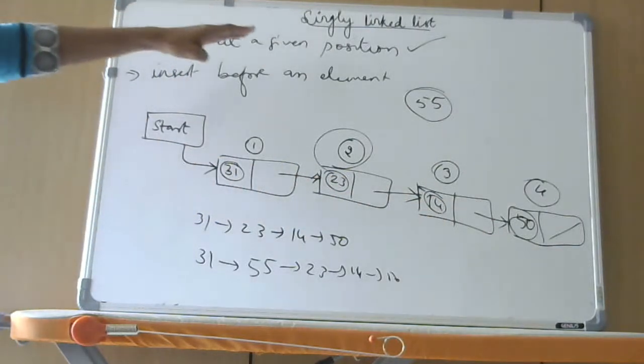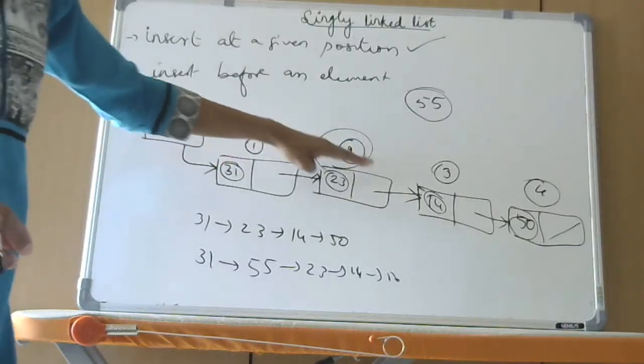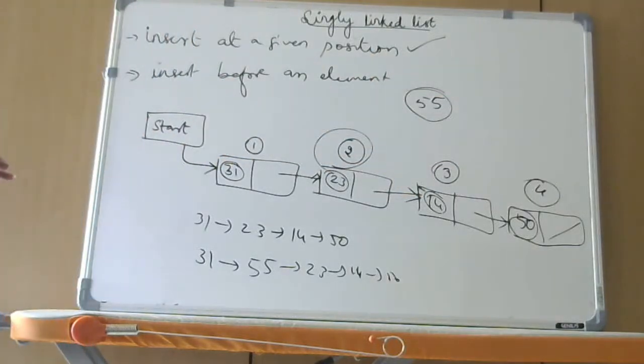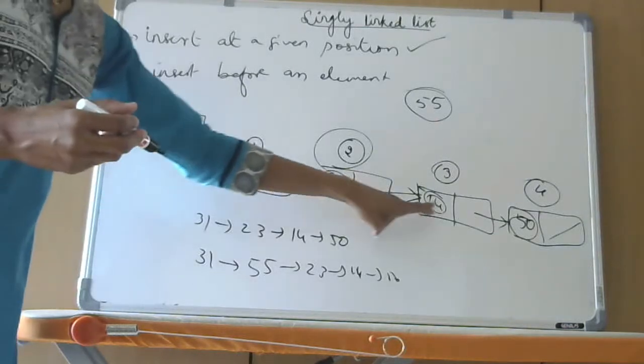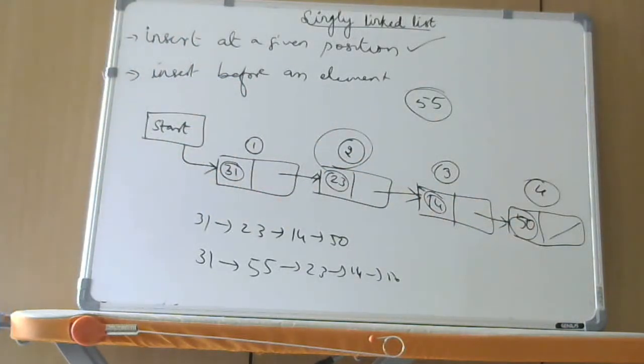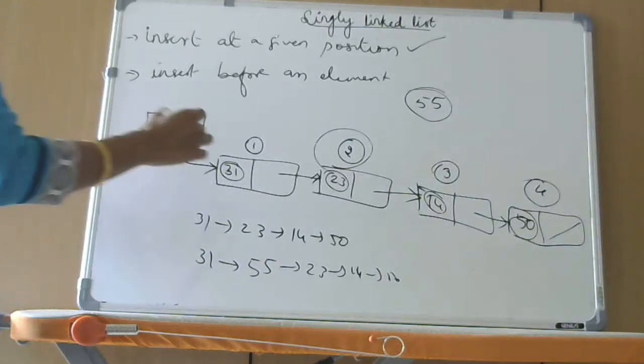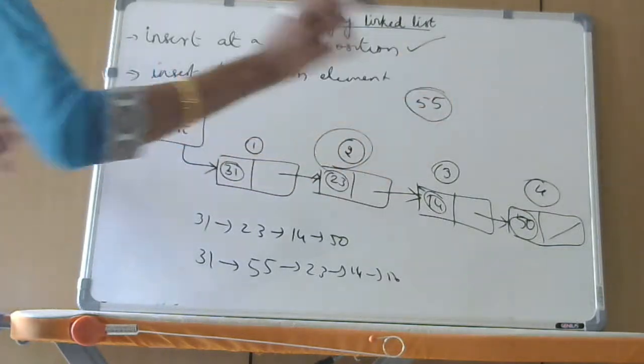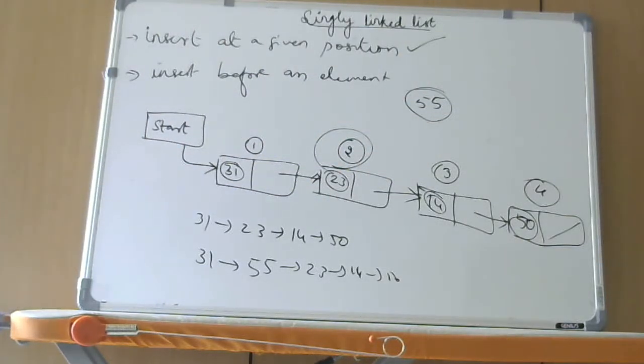When I say insert at a given position, I can only give either the first position, second position, third or fourth or whatever it is. When I say before an element, we have to specify one of these values. Then there can also be a condition where the specified element is not present, so I can't insert. So that is the difference between insert at a given position and insert before an element.